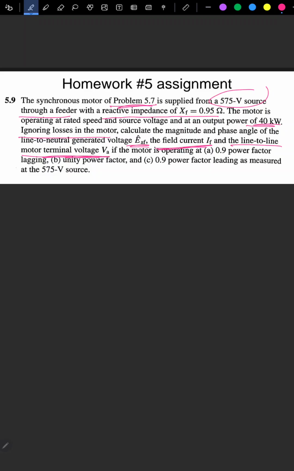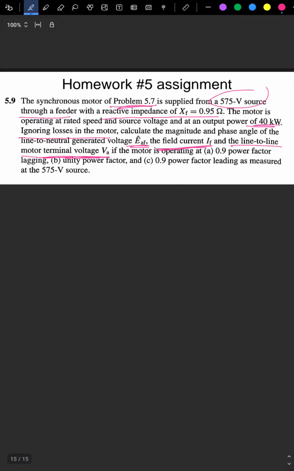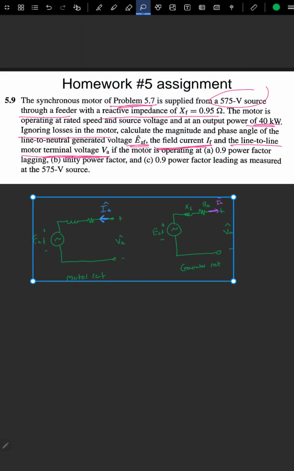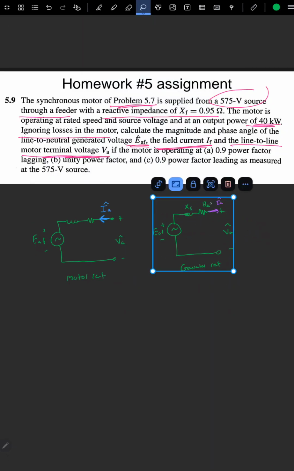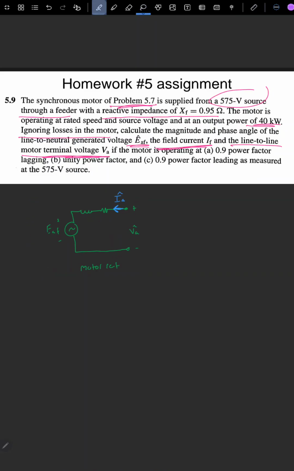All right, so we have to figure out what the equivalent circuit's going to look like. It's the same as it was before, so we still know that the current is going to be in terms of the motor reference. Just for repetition, this isn't going to be our equivalent circuit, but we know that current is going towards the generation side.